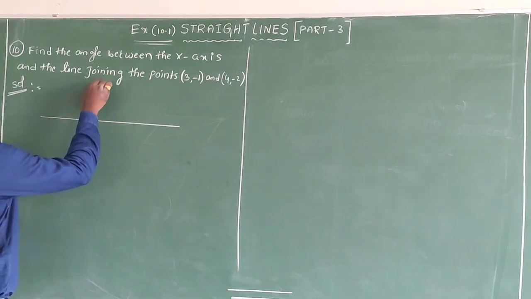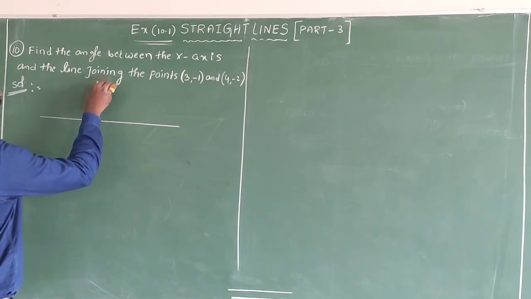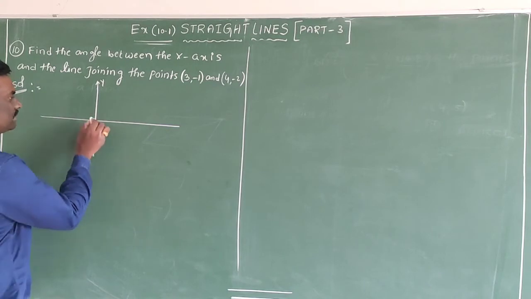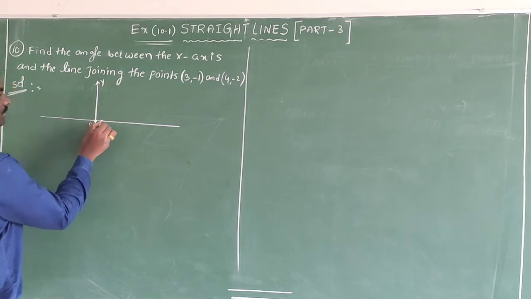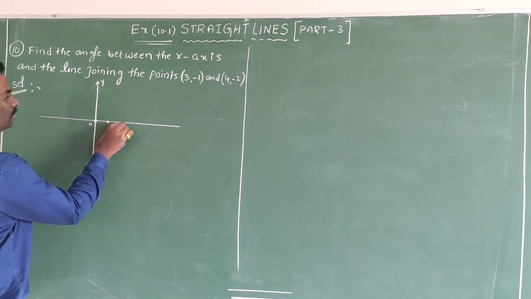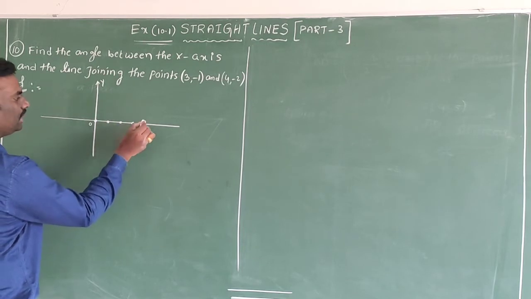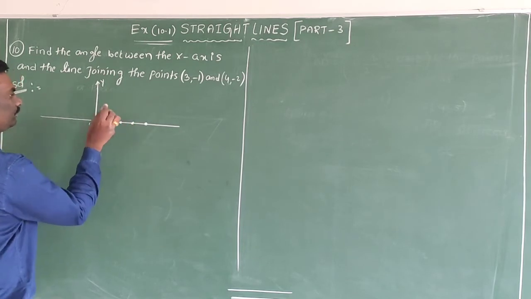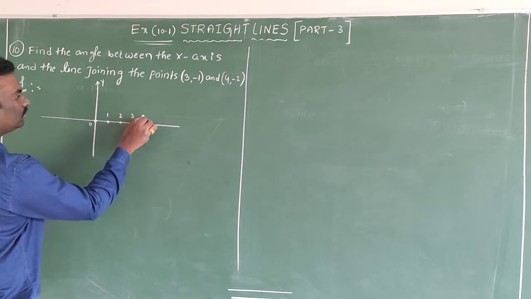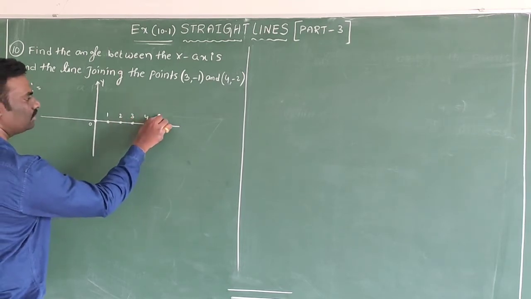This is y axis and this is x axis, and this is origin. 1, 2, 3, 4. One more point, 5.